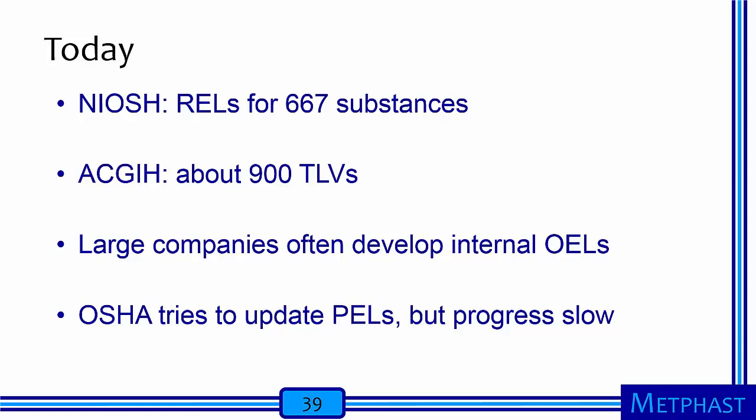ACGIH has about 900 threshold limit values. Most large companies develop internal occupational exposure limits based on a combination of TLVs and other worldwide occupational exposure limits. OSHA tries to update PELs but continually gets hampered by lawsuits. Progress is very slow.